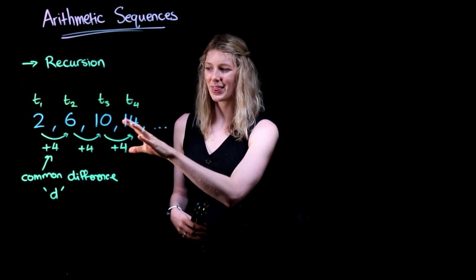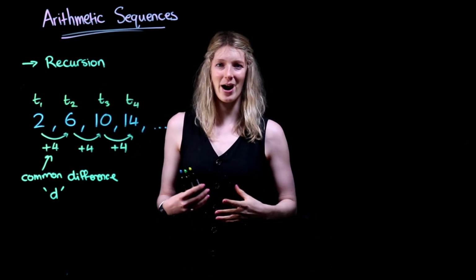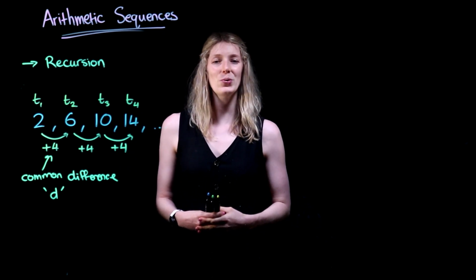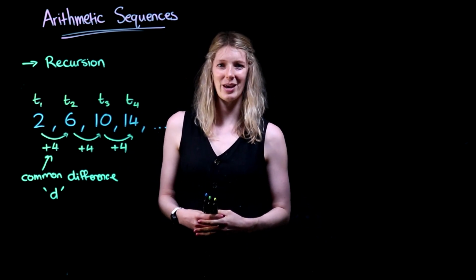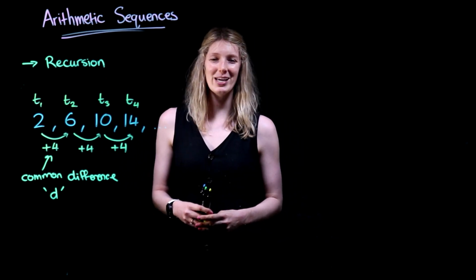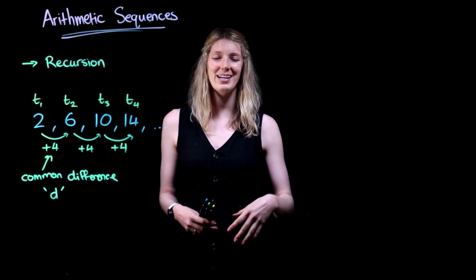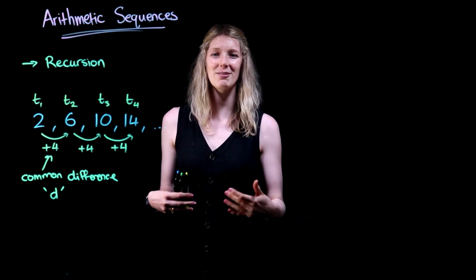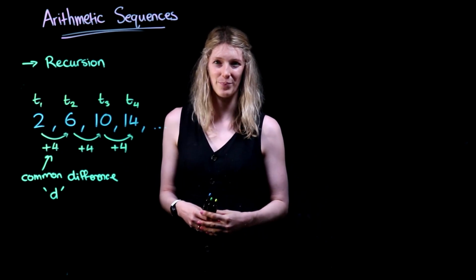We're going to use this understanding of what an arithmetic sequence is to help us utilize the concept of recursion. Now, when we look at recursion, we are using this to help us define the next term by using the value of the previous term.